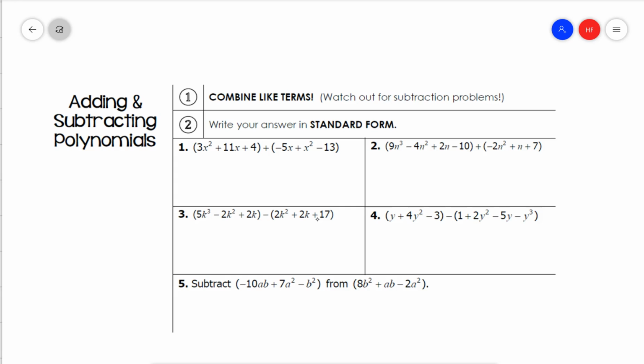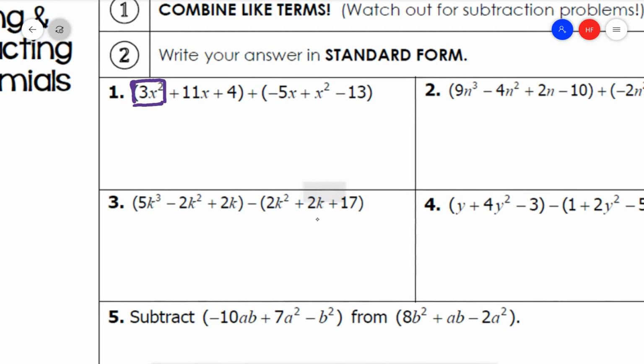So on number 1, 3x squared plus 11x plus 4, all of that plus negative 5x plus x squared minus 13. So the first thing I'm going to do is box off my x squared, so let's zoom in a little more, with their signs, if I can make them fit.